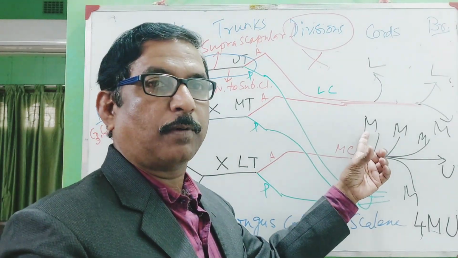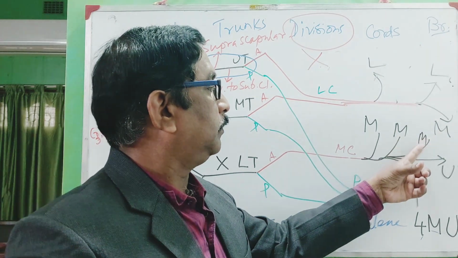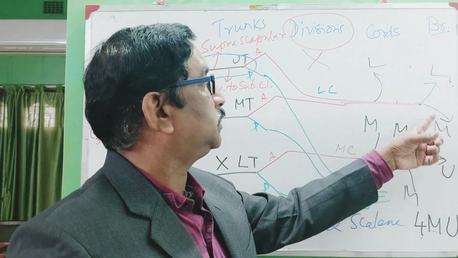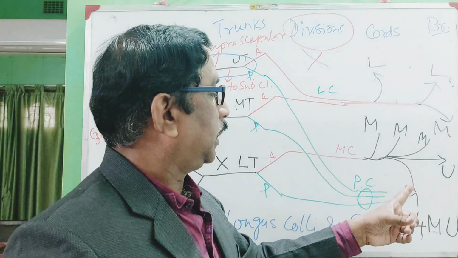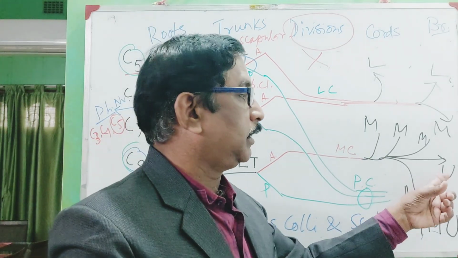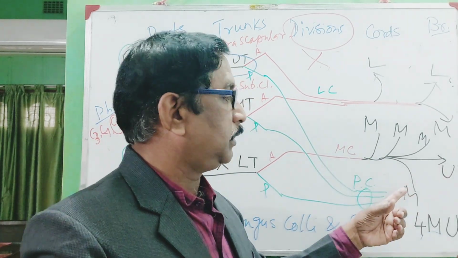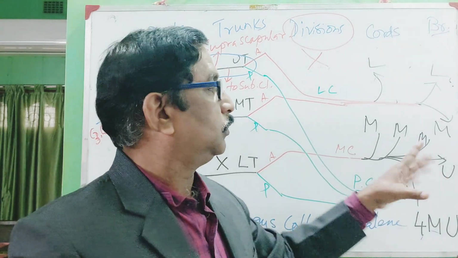Medial cutaneous nerve of arm, medial cutaneous nerve of forearm, then medial root of median nerve. This is the lateral root of median nerve, this is medial root of median nerve, and another M, this one, and another U, this one. What is this one? This is medial pectoral and this is ulnar.